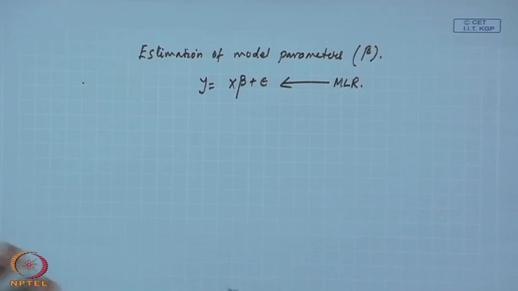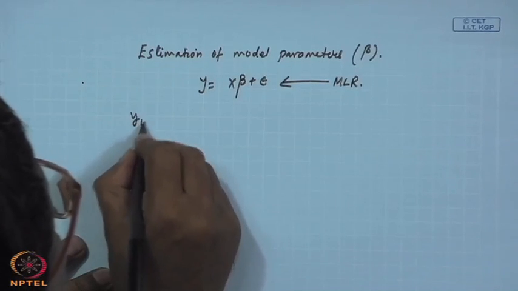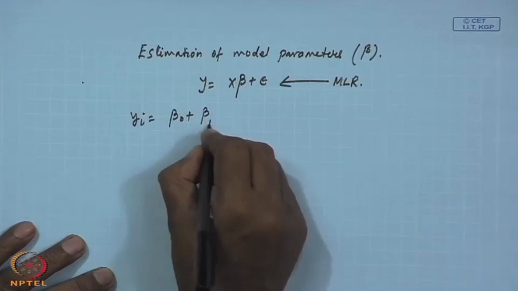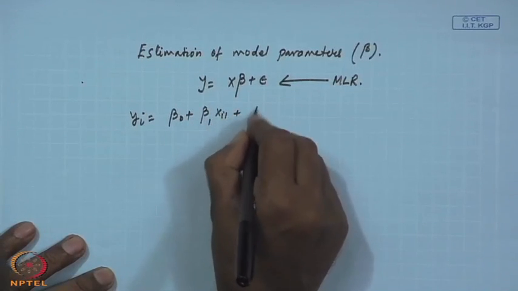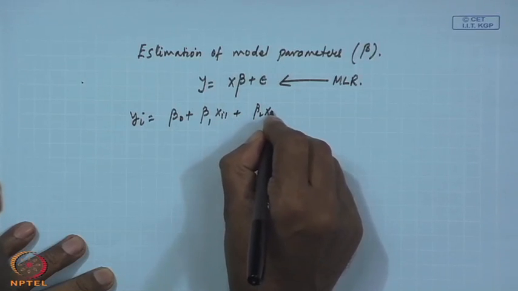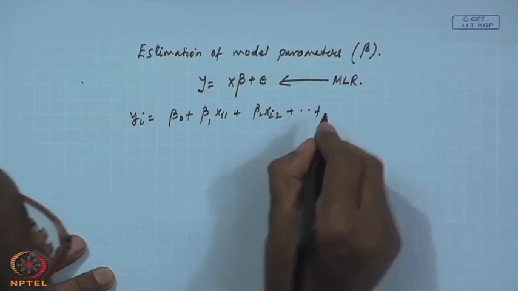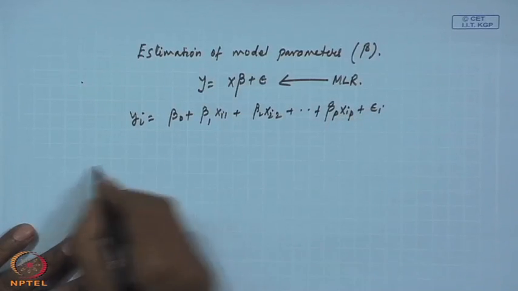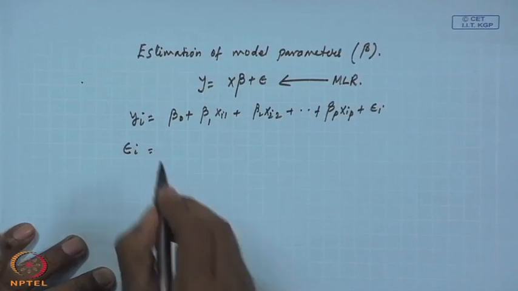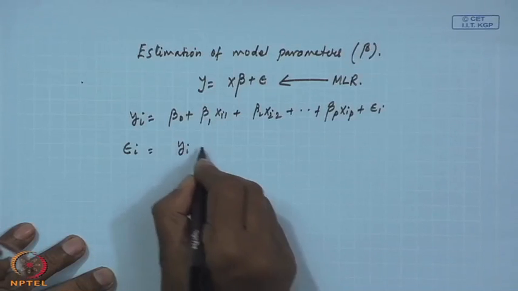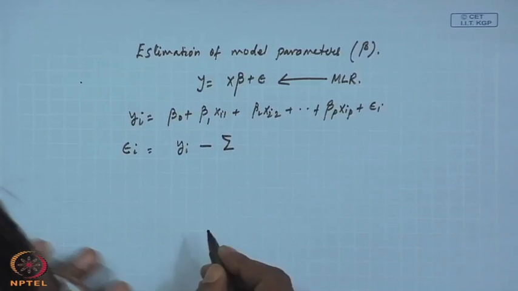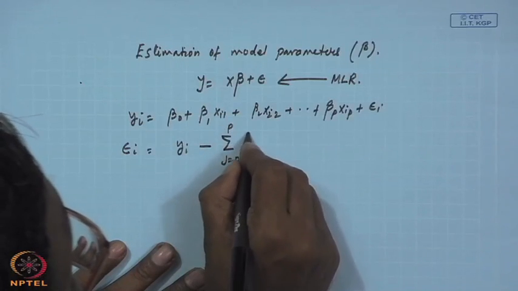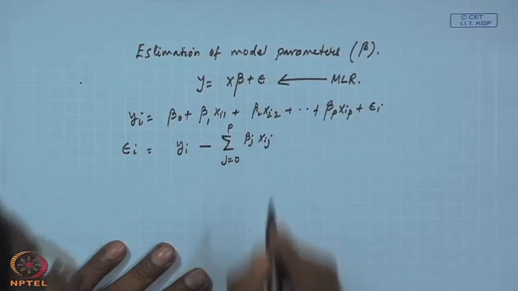If you recall, we say yi is beta 0 plus beta 1 xi1 plus beta 2 xi2, like this up to beta p xip plus epsilon i. If we do a little modification here, then this will be yi minus the sum over j equal to 0 to p of beta j xij.